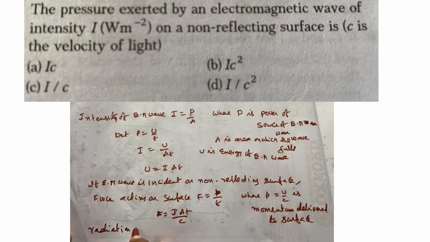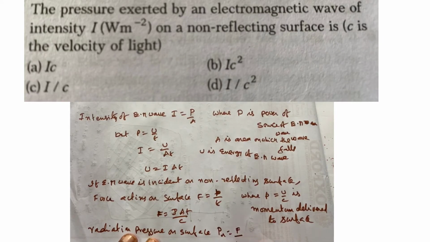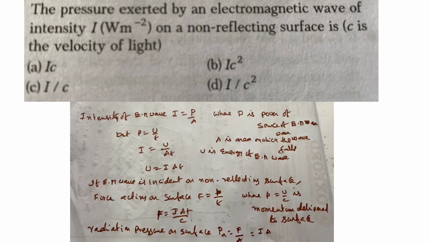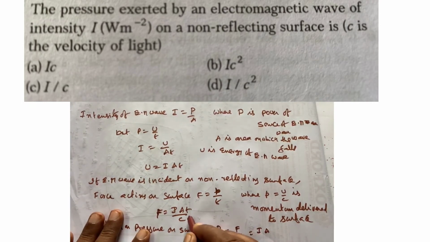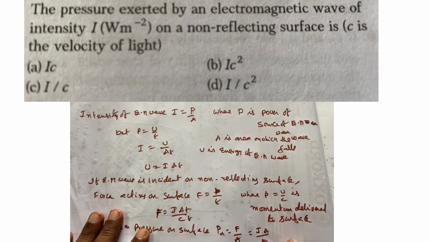Radiation pressure on the surface, P_R equals F by A. F equals IA by c.